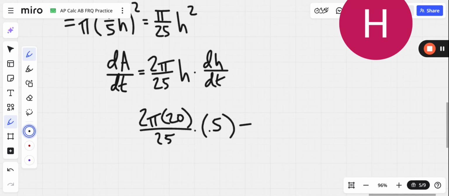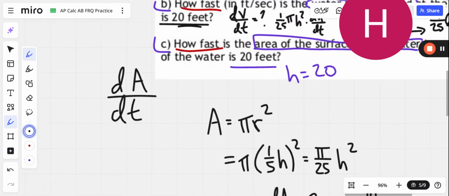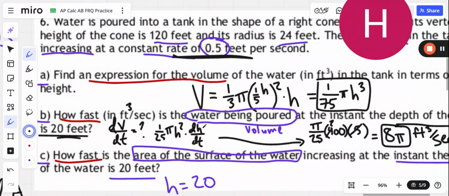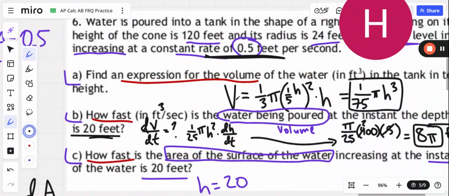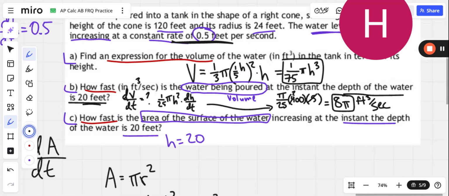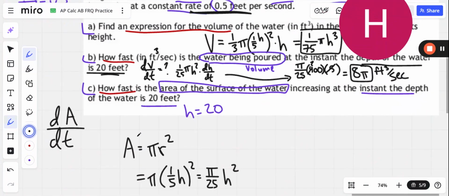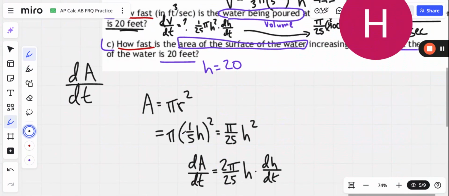We're using the same information, and that's why this is a little bit easier, because they're not having us use different information. They're having us use the same h, the same dh/dt, that kind of thing. It's not incredibly difficult like you would see on an AP exam, but it is the same types of questions and the same substitution we would need to do: taking a derivative, setting up this new equation, making a substitution again.